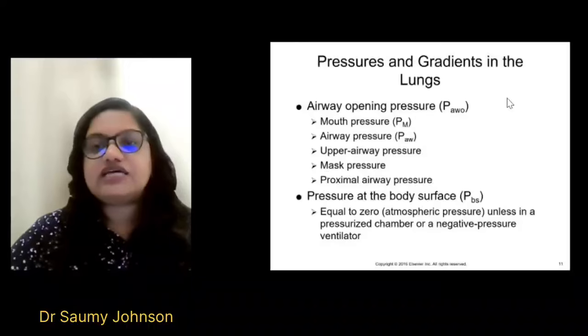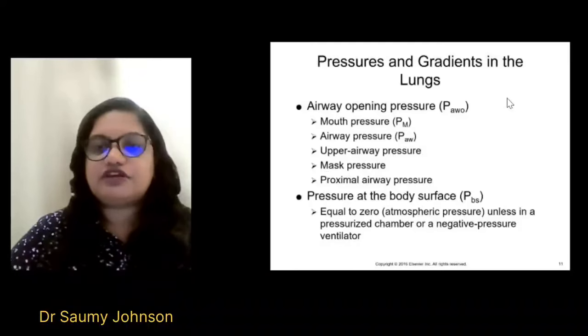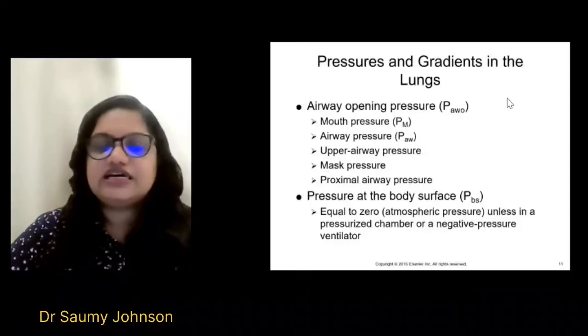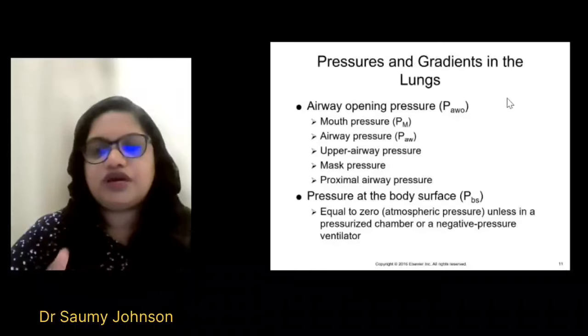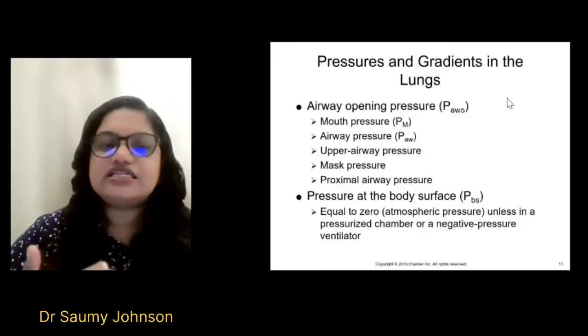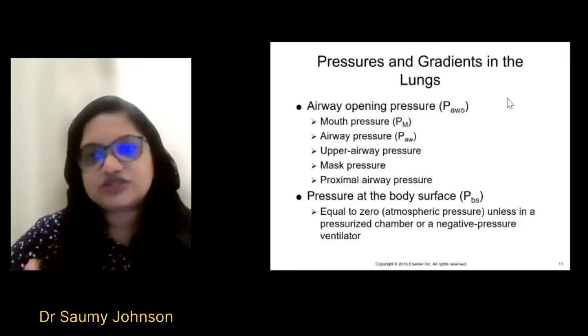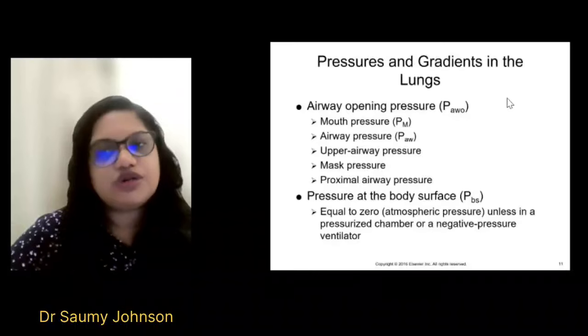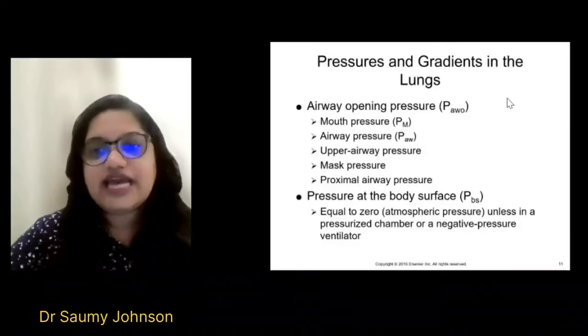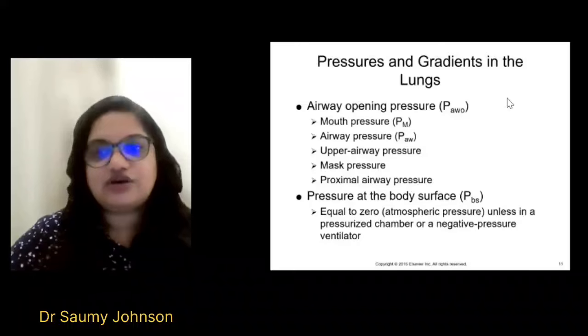In the previous class, I talked about the negative pressure ventilator, where the pressure would be decreased from 0, so it becomes negative. When we say it is equal to 0, it is not actually 0. As we know, it is 1 atmosphere, but for easy calculation, we consider it as 0.